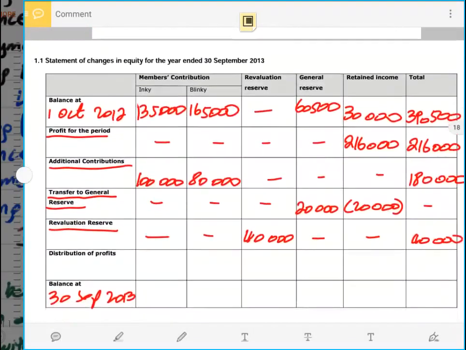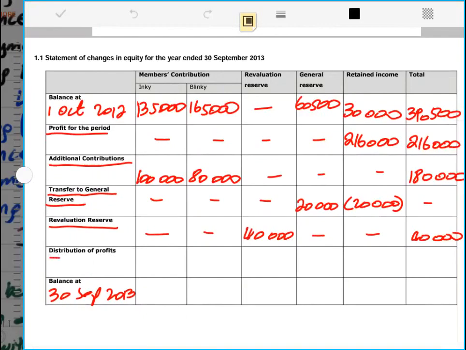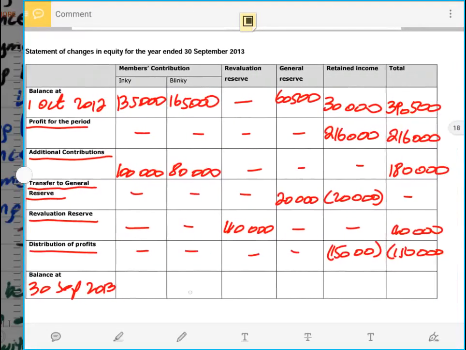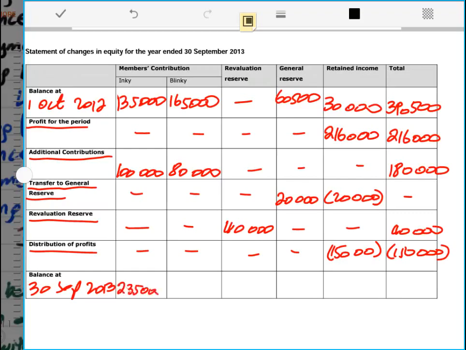So now that 150,000 rands must always be recorded as negative under the retained earnings, minus 150,000 rands, and minus 150,000 rands under the total column. So now we take that into account, then we put the brackets, and from there you can just give the totals of the totals, and this should give us 235,000 rands.